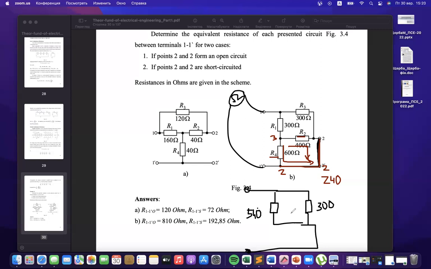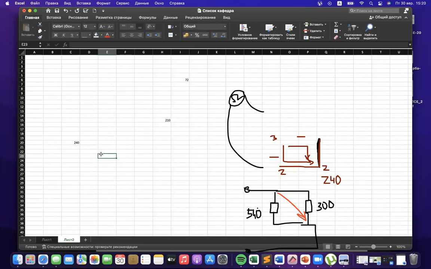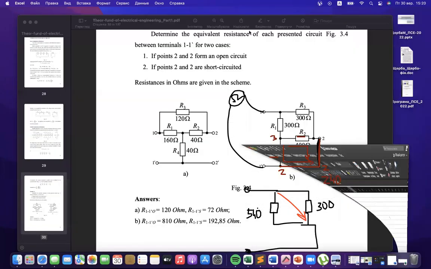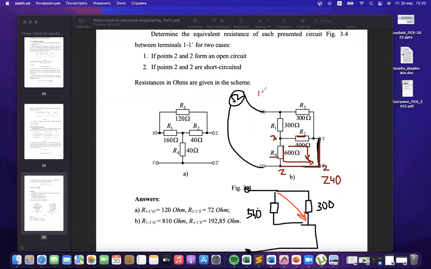Parallel, yes. Yeah, perfect. You are right. We are doing exactly the same that we did here. They also are in parallel. Then we should take this 540, multiply on 300, divide on 840 and obtain 193 ohms. Then the answer here for this task will be 193 ohms.